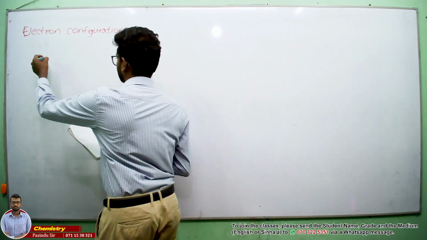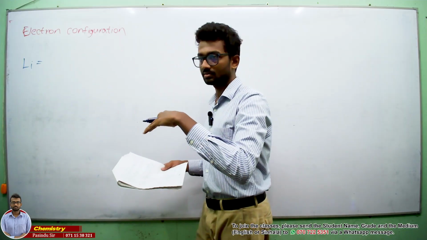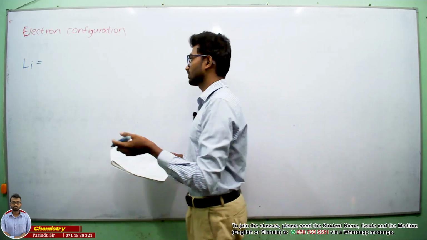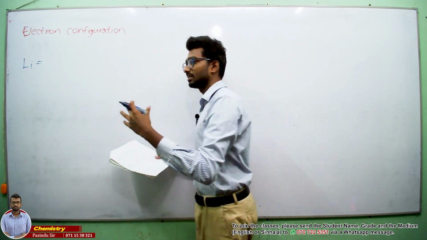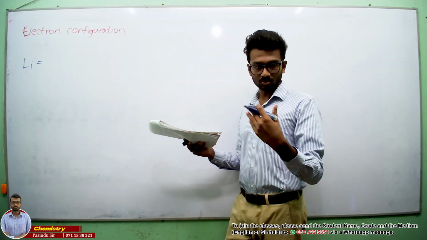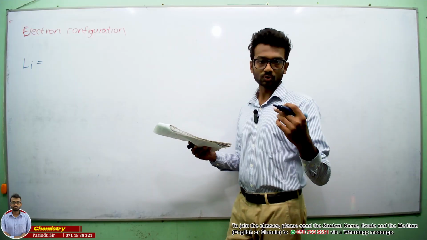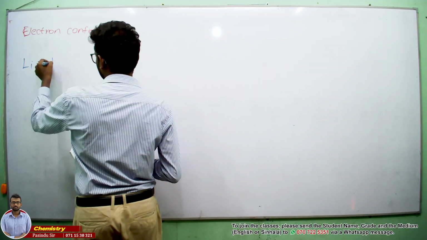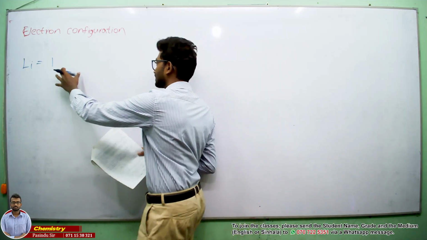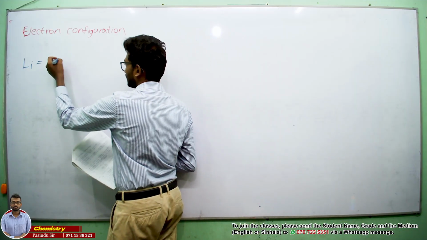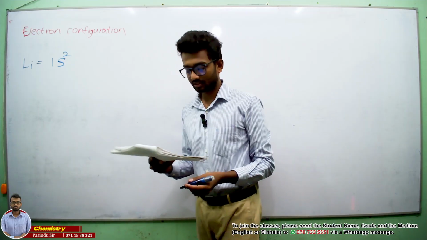So how do we represent it? Let's say lithium. We just fill the orbitals. Lithium has 3 electrons, so the first 2 electrons go to the first energy level, which only contains the 1s orbital. The first number mentions the energy level, the letter is the orbital, and the superscript is the number of electrons.